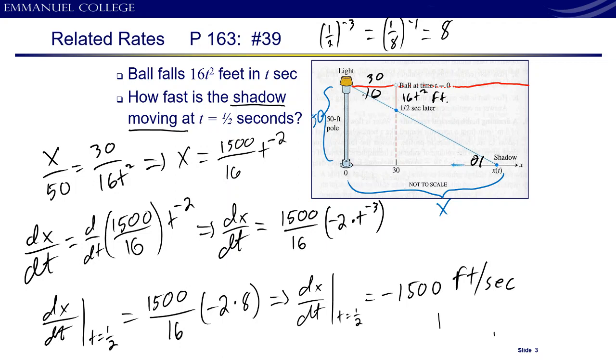If you rotate at this angle theta, after 1/2 second, you've gone from them never intersecting to them intersecting at some point over here. So negative 1,500 feet per second for just a ball is pretty fast, but if you keep in mind the way the angle is going, it makes a lot of sense. So don't let that one be too confusing. Yes, it is fast, but in the context of the problem, it makes a lot of sense.